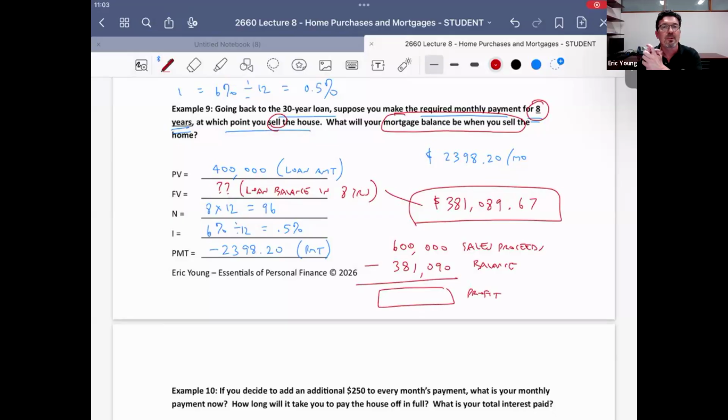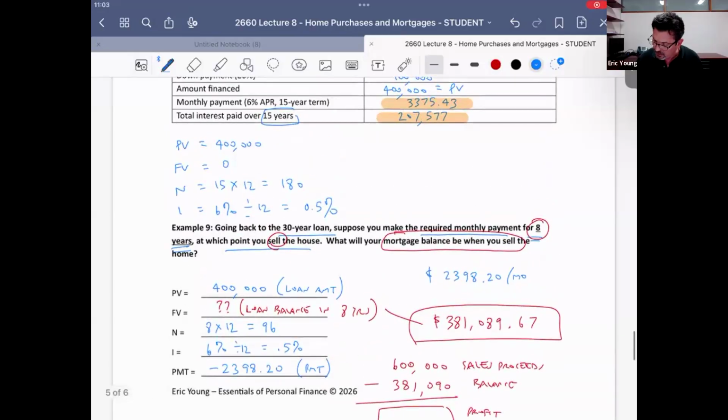Good for you. Sometimes, though, if the real estate market craps out, suppose in this case that instead of selling it for 600, suppose that the real estate market had crapped out, so we could only sell the house for 350,000.